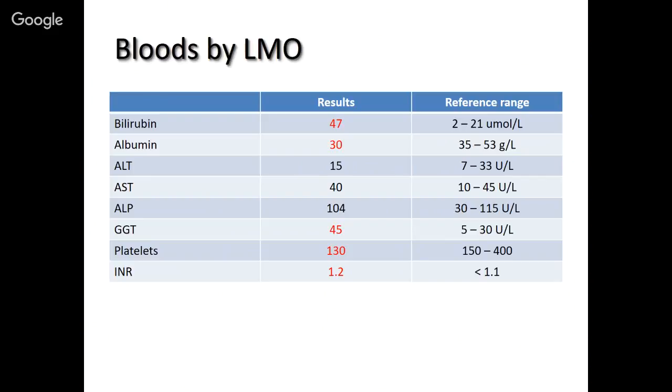Oh, is it? Yeah. Why has she got low albumin? She's got fewer platelets. Wait, did he have jaundice?